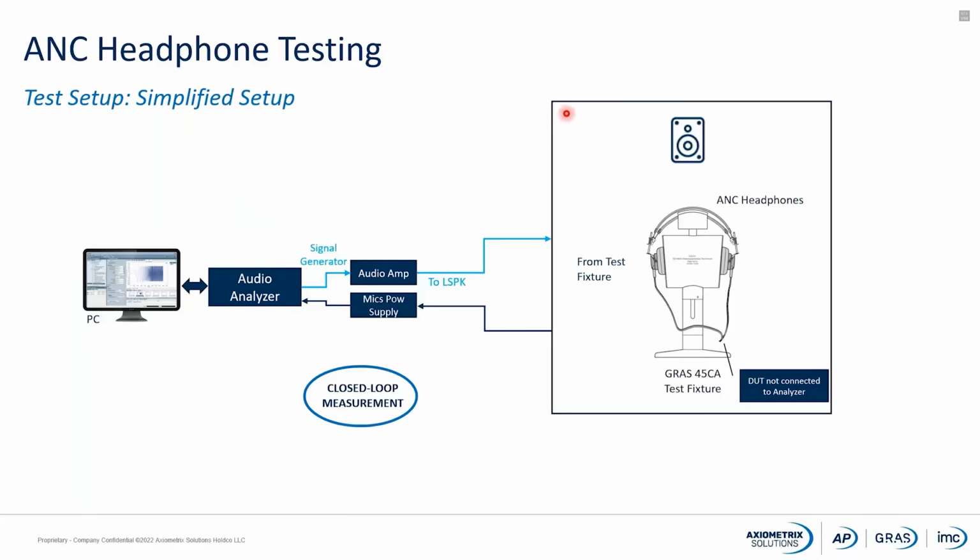This test could be performed in a small test chamber with a single loudspeaker. Instead of using a realistic soundscape, we could be using a simple reference signal such as pink noise, and we can use a small test fixture such as the 45CA, for example.